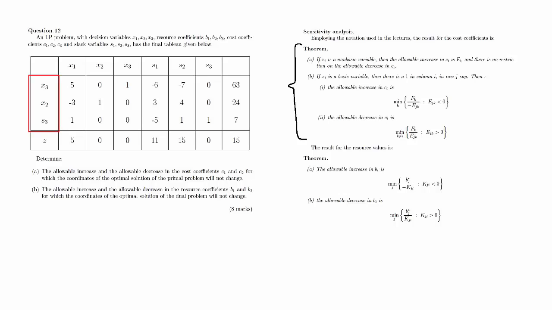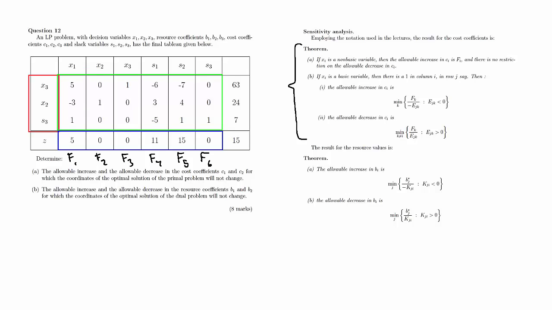F refers to the bottom row of the final tableau, except for the last value. Then, F1 is the first one, F2 is the second, F3 is the third, and so on. The values for E refer to everything above that.